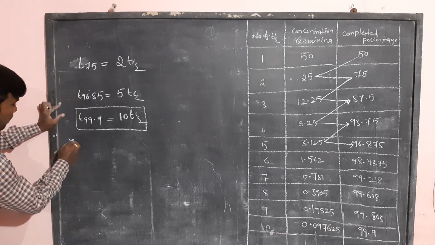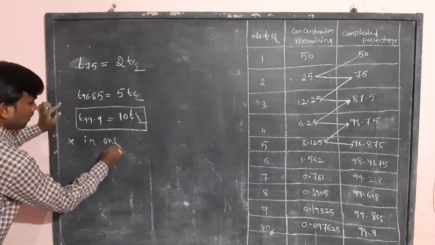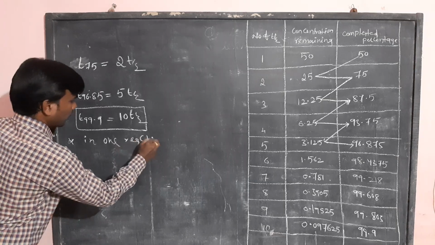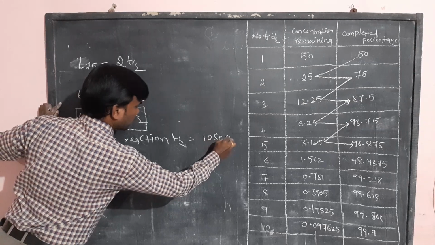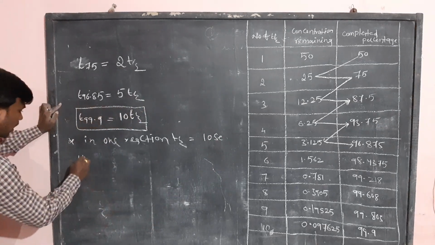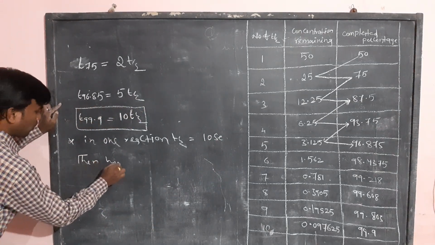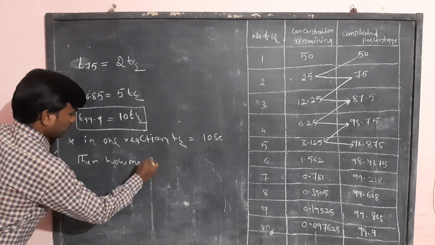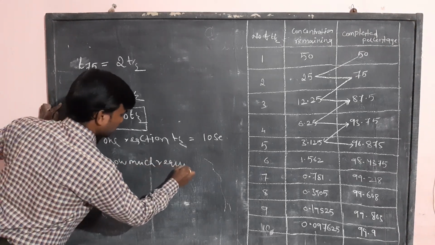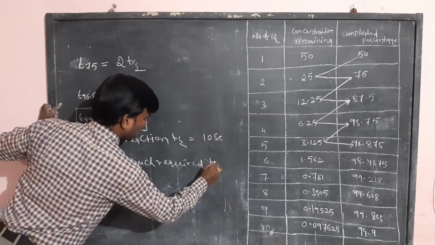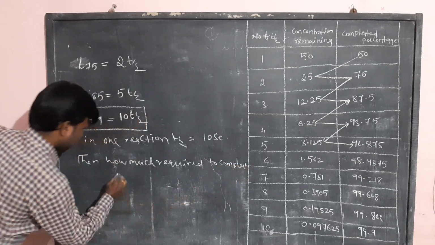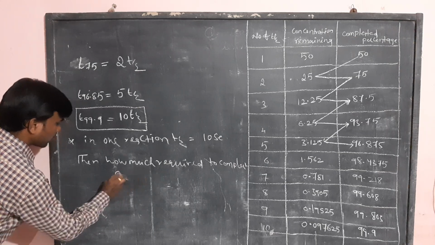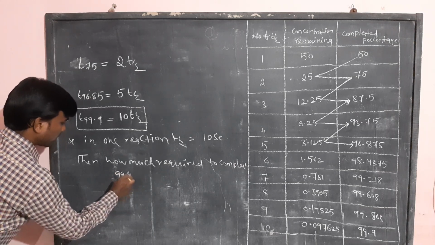Based on these relations, here is how questions can be asked. For example, in one reaction, T half is 10 seconds. How much time is required to complete 99.9% of a reactant concentration?